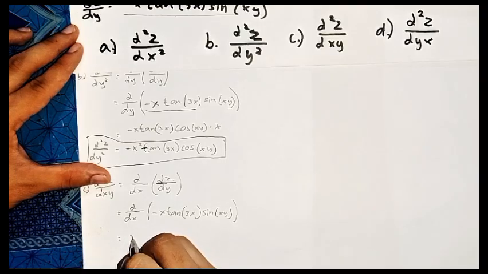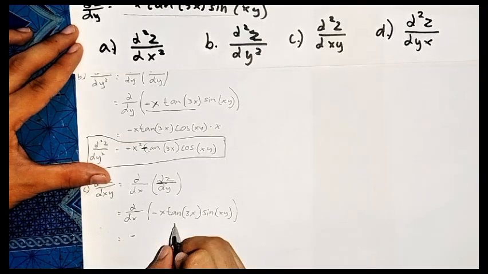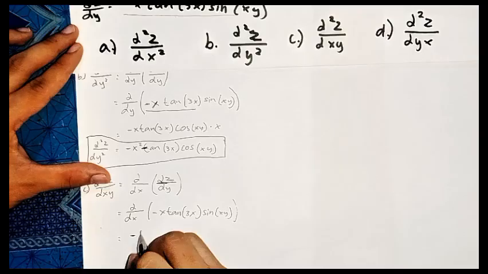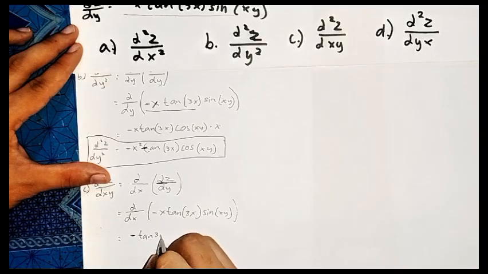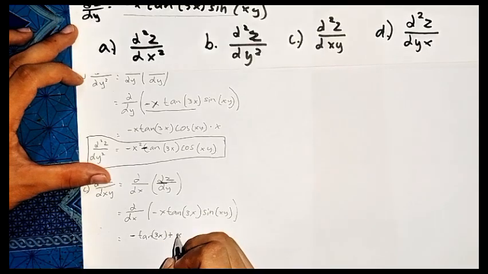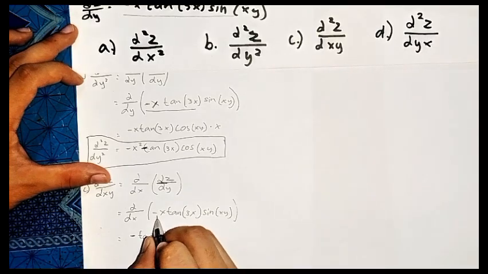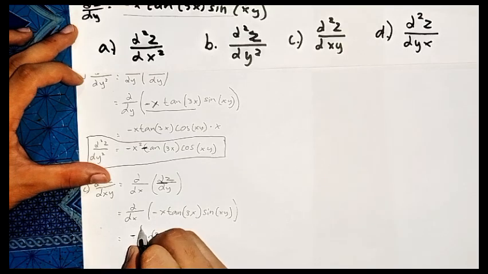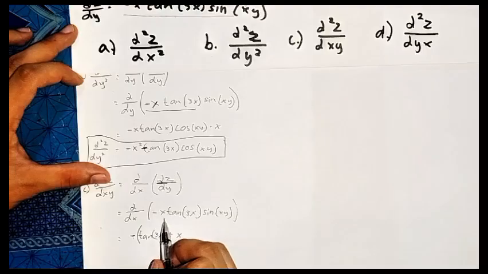Let's take the negative out first, so we derive negative x tan 3x with respect to x.